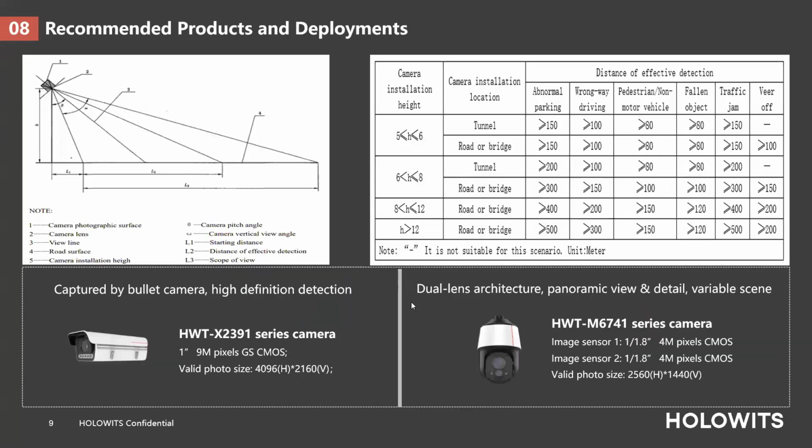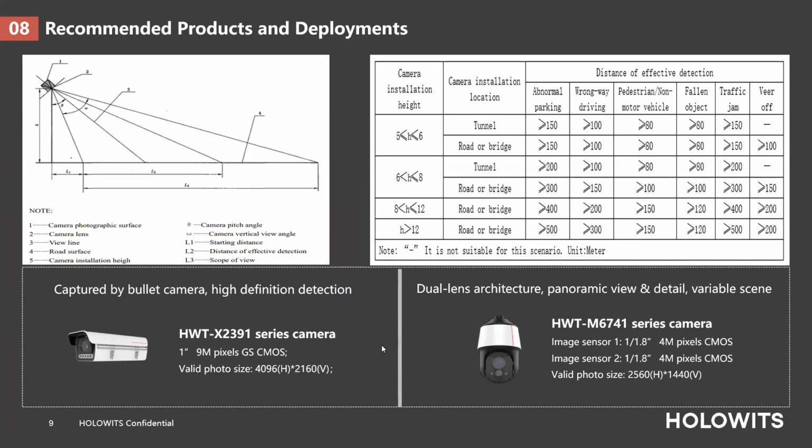The next part is the recommended products and deployments. As you can see here, this is how you install your cameras on highways or on the road. We suggest the X2391 series camera, with a built-in focus size. We can capture high-definition detection with bullet cameras.